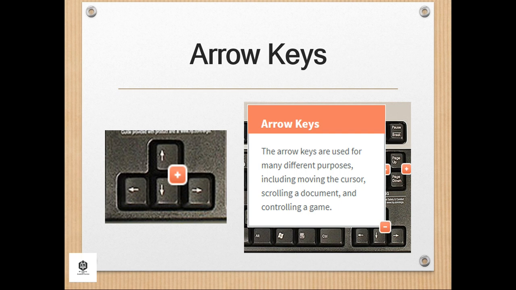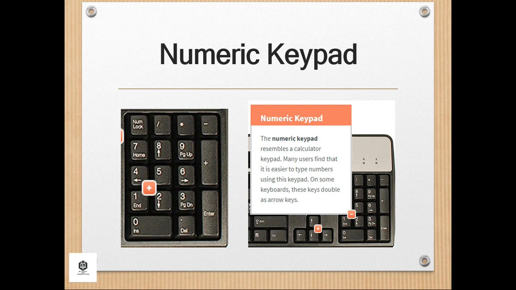The arrow keys are used for many different purposes, including moving the cursor, scrolling a document, and controlling a game. Numeric keypad. The numeric keypad resembles a calculator keypad. Many users find that it is easier to type numbers using this keypad on some keyboards. These keys double as arrow keys.